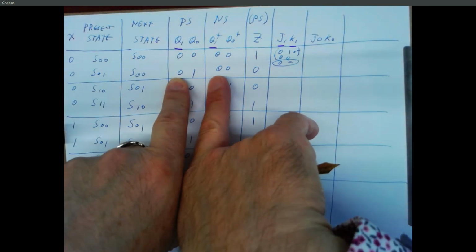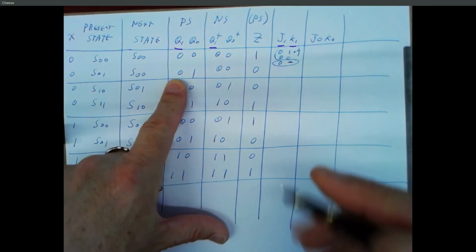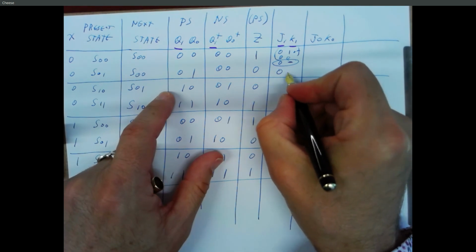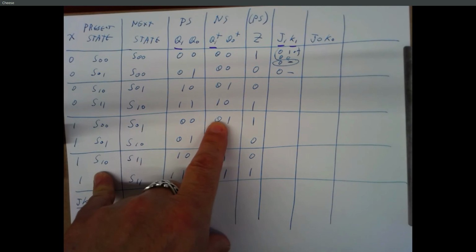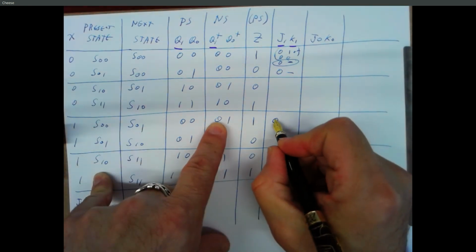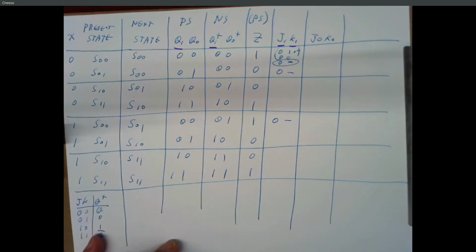We want the new value of Q to be a 0. That's the case we just did. So this is also going to be a 0, don't care. And while we're at it, are there any other cases where we're trying to change from a 0 to a 0, just looking at Q1? Yeah, here's a 0, we're going to a 0. So J1, K1 are also 0, don't care.